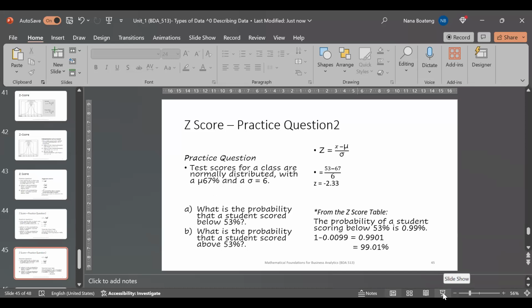So the point I'm making is, it appears the z-score is in multiples of standard deviation away from the mean value.